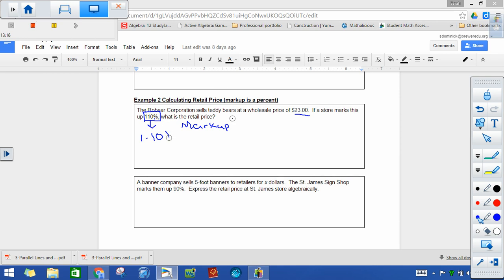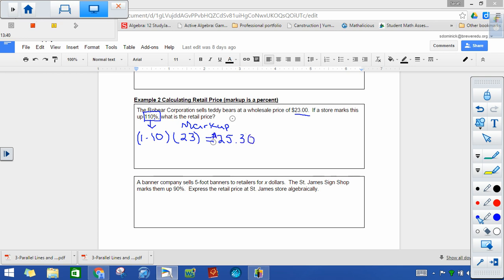So it's 110% of $23, so it's 1.10 times 23. If you do that out, you should get $25.30. So that means the store is making a profit of $25.30 every time they sell one of these bears.